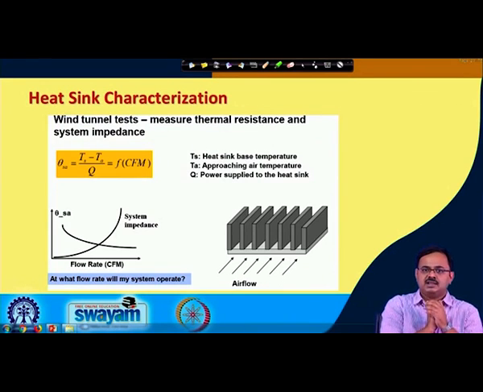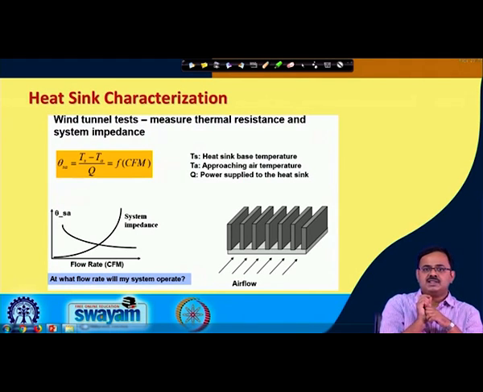And why is that? That is because as the air flows through these channels, or let us say a pipe, there is flow resistance that it faces. And that flow resistance, it can be shown, especially at higher values of flow rate, has a quadratic dependence.